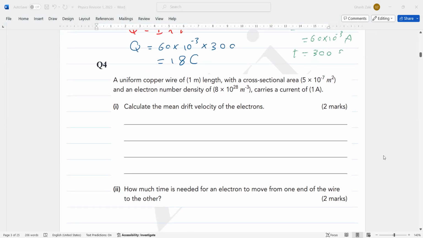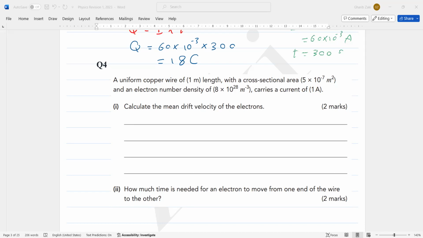I give you 1 minute to solve. Are you ready?